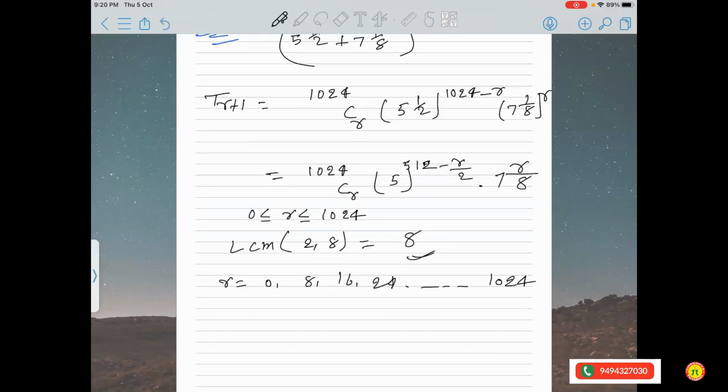So the difference of r is always the LCM of the denominators of r/2 and r/8. So the LCM of 2 and 8 gives 8. So 0, 8, 16, multiples like that.